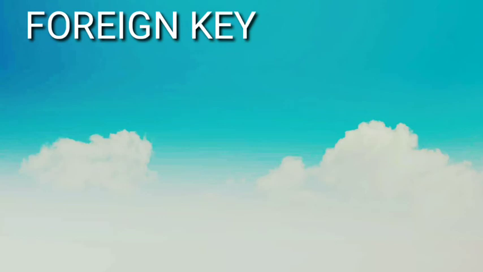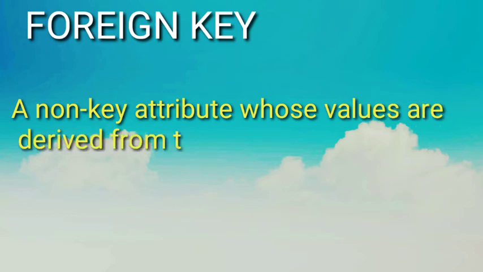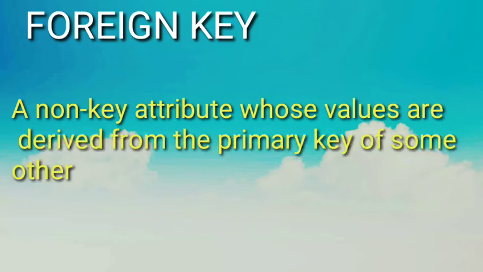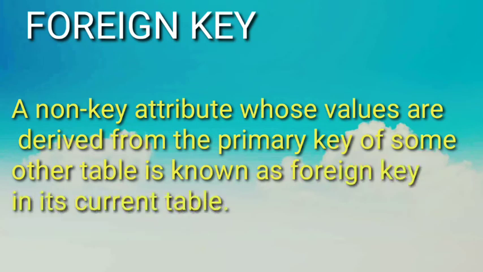Moving further, let us see the last key, which is the foreign key. Foreign key is a key where the non-key attribute whose values are derived from the primary key of some other table is termed a foreign key. You can understand it like this: foreign key helps you to represent the relationship between the two tables.